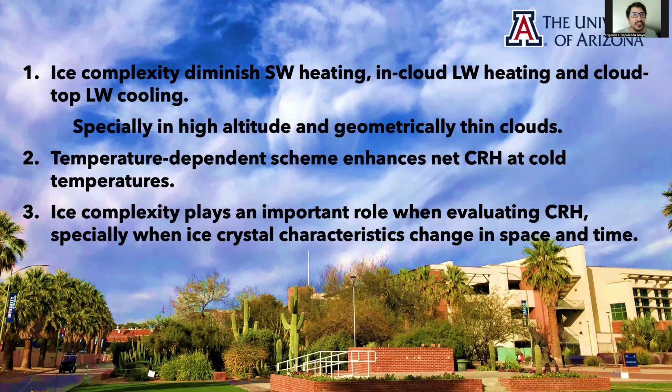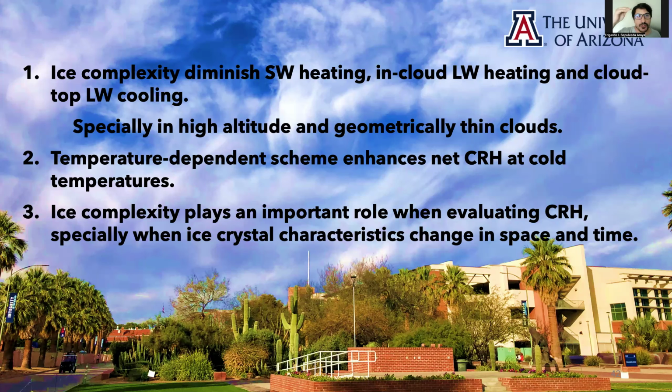More ice complexity is leading to less absorption, a lower absorption capacity, and it can also sometimes enhance the asymmetry parameter, the forward scattering, and that can result in changes in the heating rate. And this can be stronger, especially at high altitude when we want to simulate high clouds in the atmosphere.